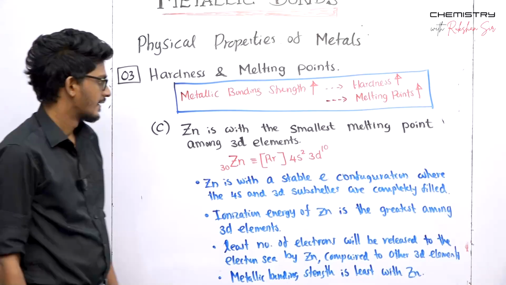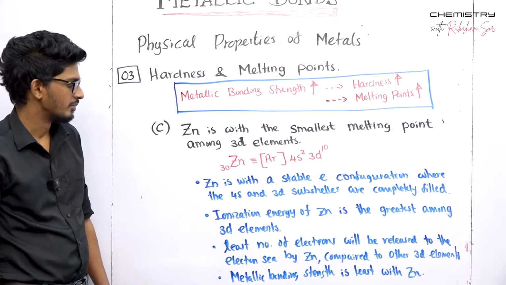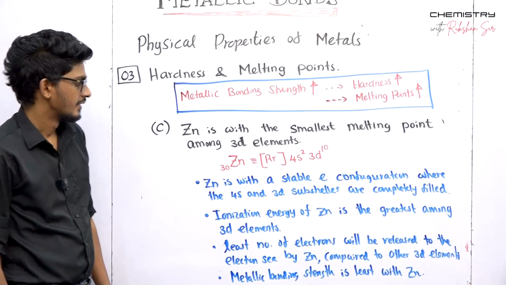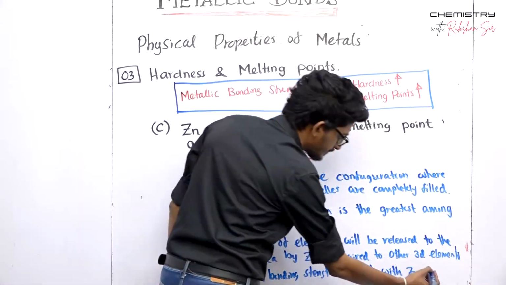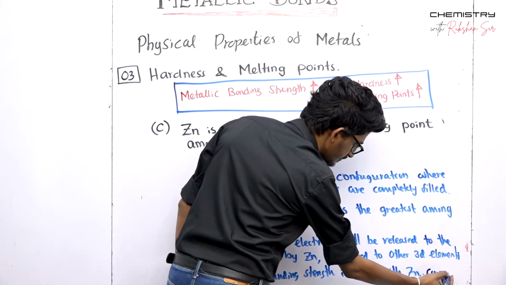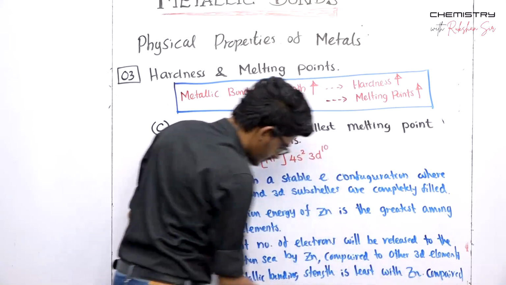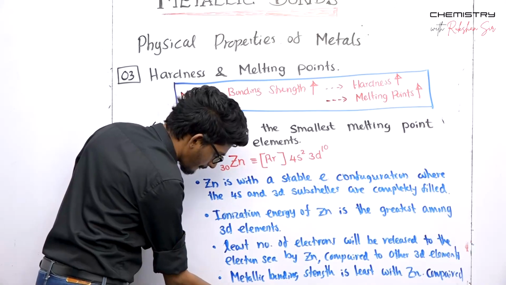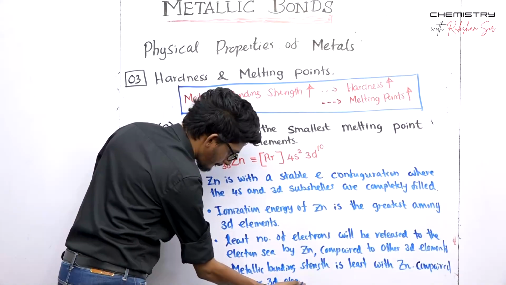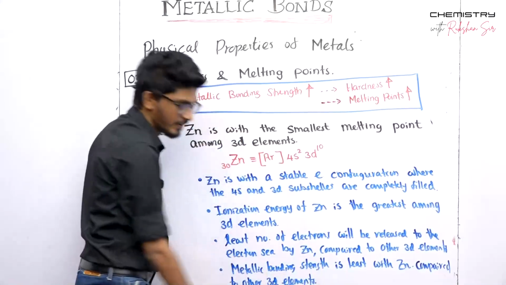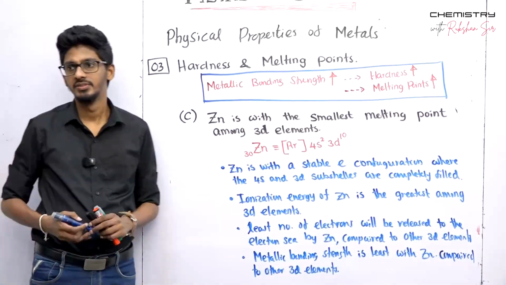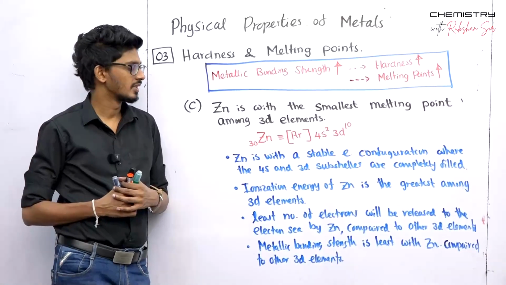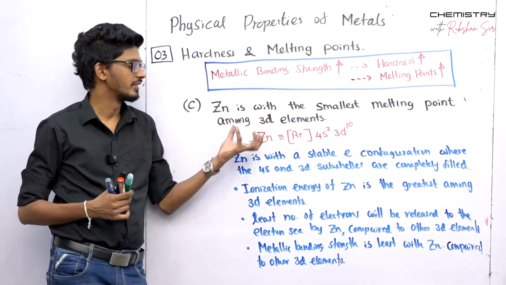So the melting point will be the least compared to the other 3d elements. Right, so that is the idea. These are the points you should write if they have asked you to explain this kind of thing.